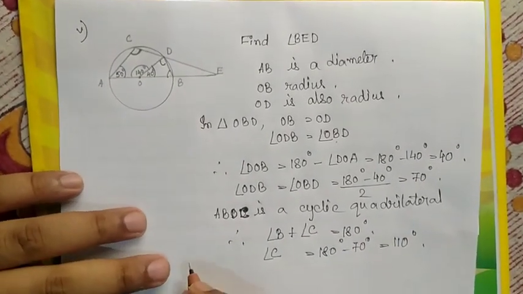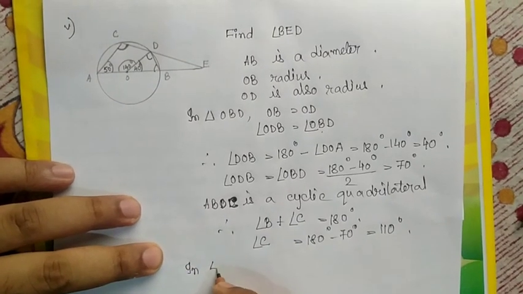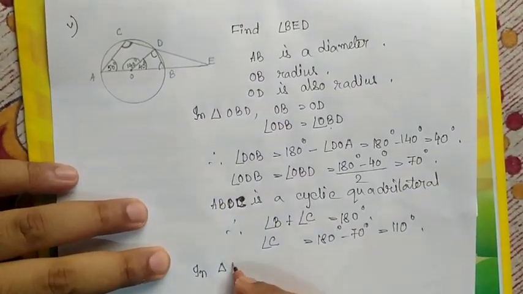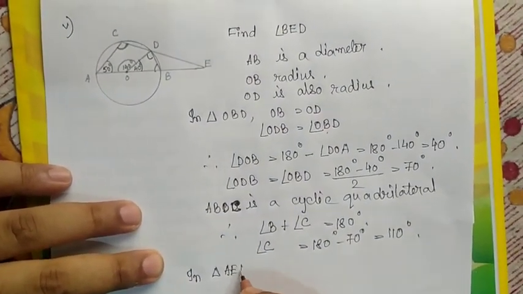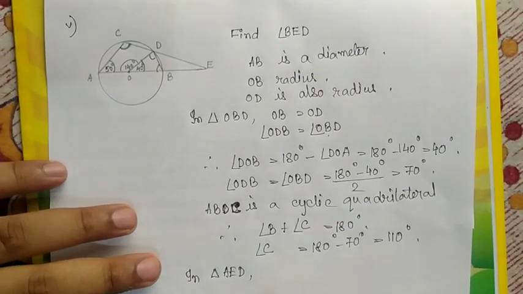Now in this triangle, sum of these three angles are 180 degrees.